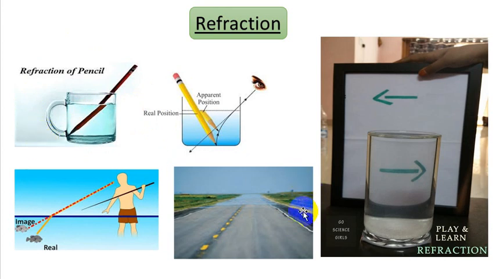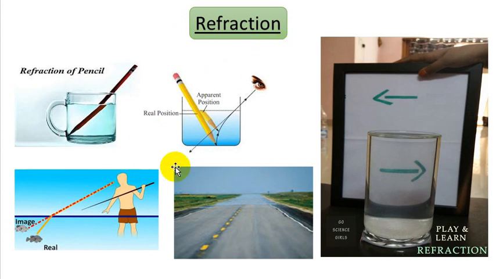Or, for example, on a hot summer day, we can observe a mirage. A mirage, guys, is a naturally occurring phenomenon caused by refraction.